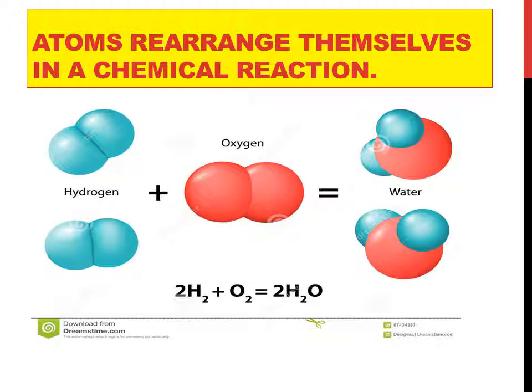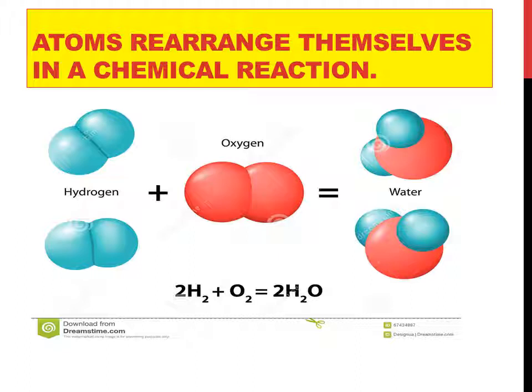Atoms rearrange themselves in a chemical change. Why are new substances formed in a chemical change? We know that we start with reactants and the product is a new substance that is formed after the chemical reaction has occurred. Now, why are these substances formed?